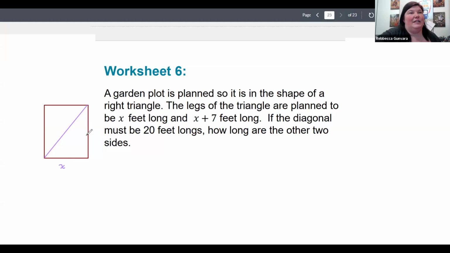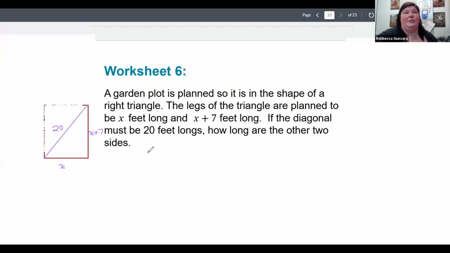We have one side that's x, one that is x plus 7, and then this diagonal is going to be 20 feet. So we just have a triangle. We can figure out the rest of the garden plot, but we're really just focusing on the fact that we just have the triangle here.